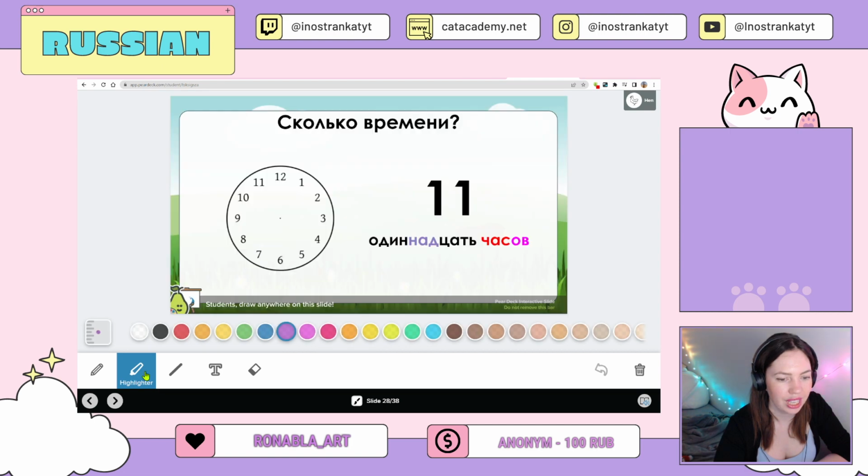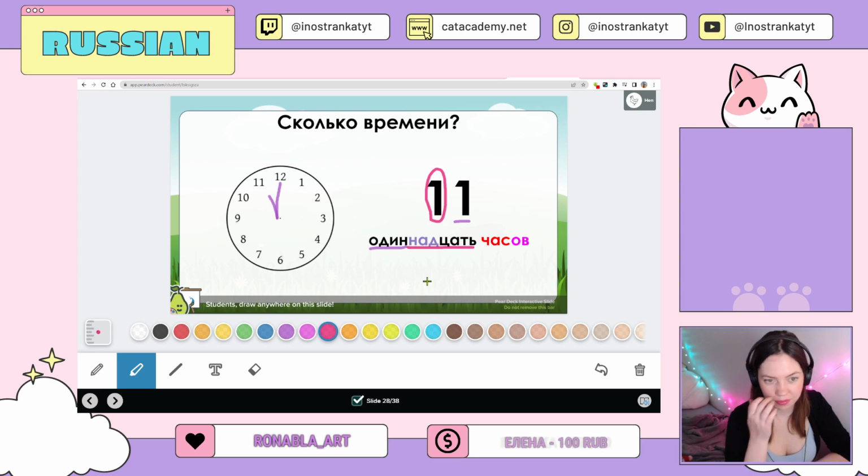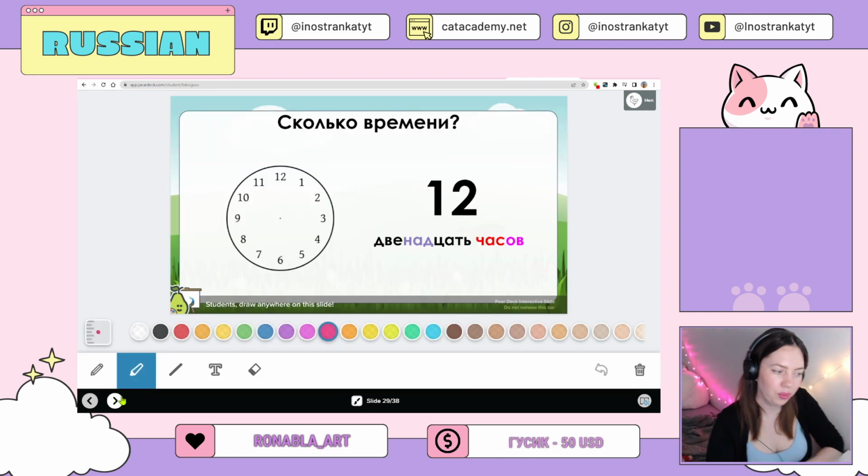Дальше. The last two. Сколько времени? This one is 1, and after this one is 11. 11 часов. Сколько времени? 11 часов. And the final one.